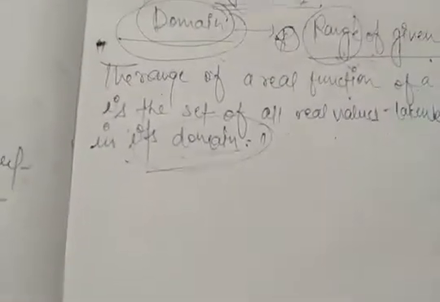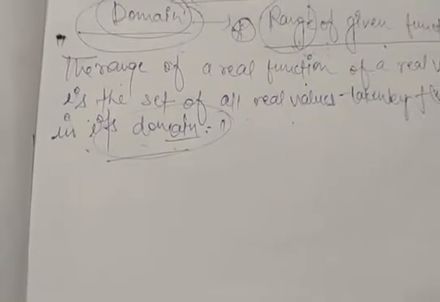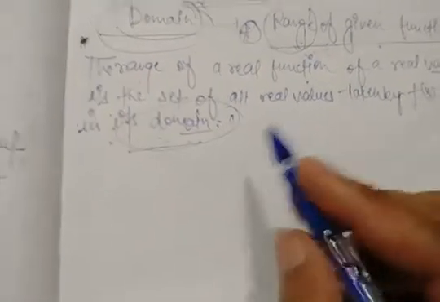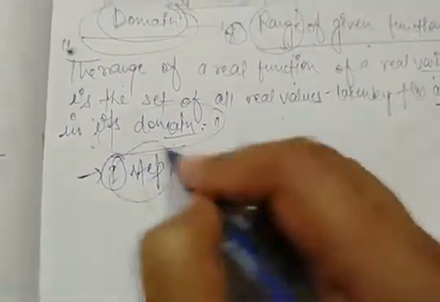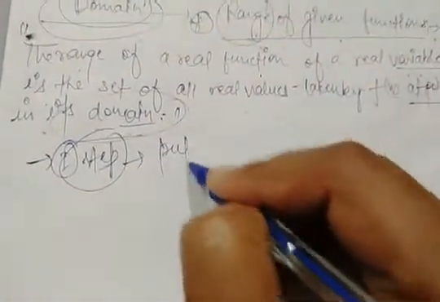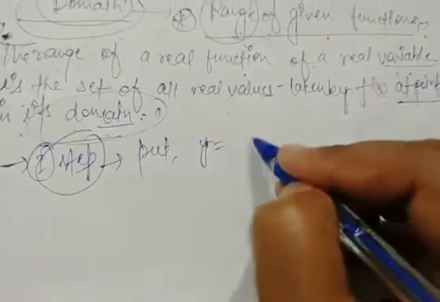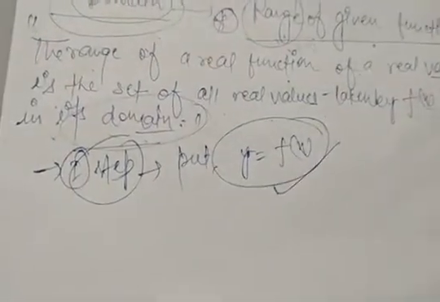For finding the range of the given function, we follow some steps. In the first step, we put y equal to f of x, or f of x equal to y.